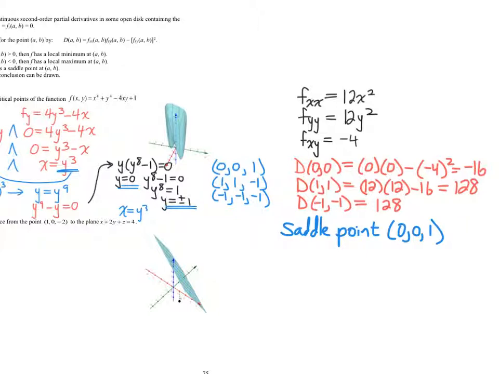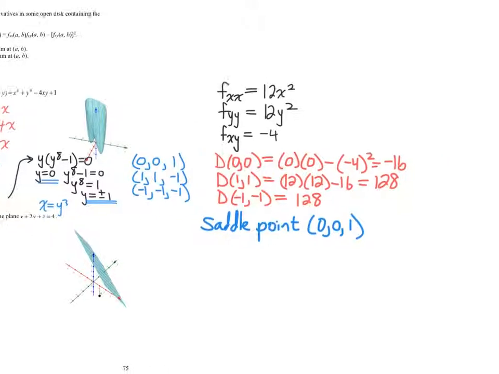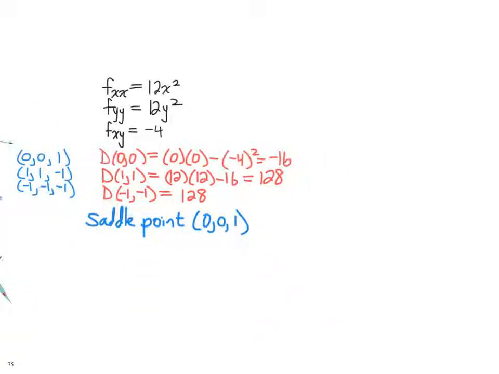In the case of the second two coordinates, I have a positive discriminant in both cases. So it's really just going to come down to my second order partial with respect to x and whether it's positive or negative.